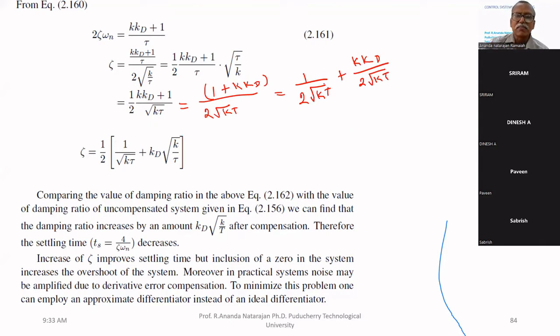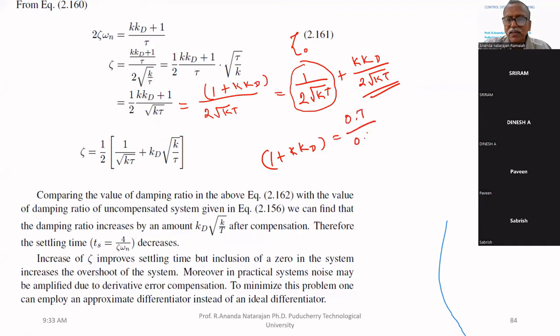So some quantity is added to the original zeta, which means zeta is increased. If you want to fix zeta from 0.3 to 0.7, 1 plus K KD must be equal to 0.7 by 0.3. That's all. Then automatically it becomes 0.7. That is the advantage.